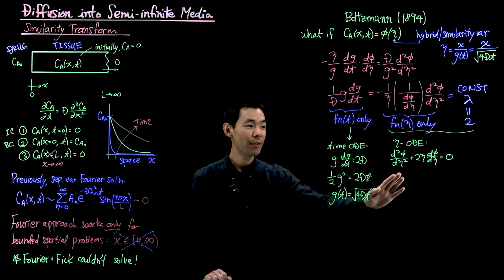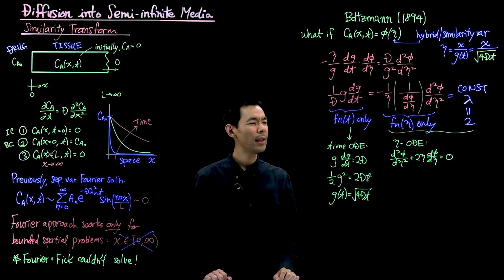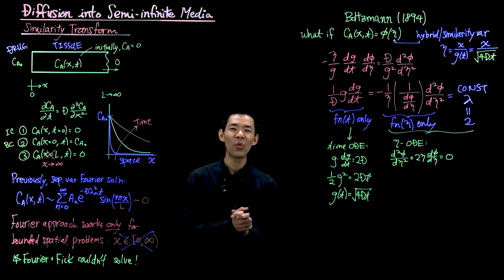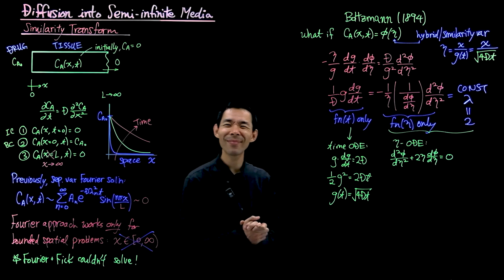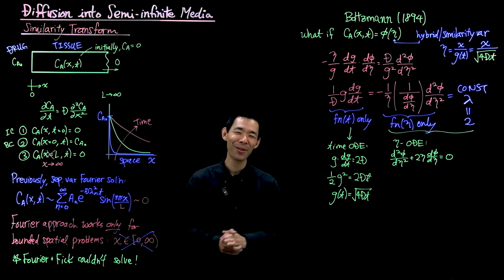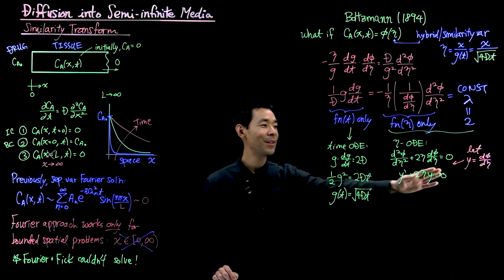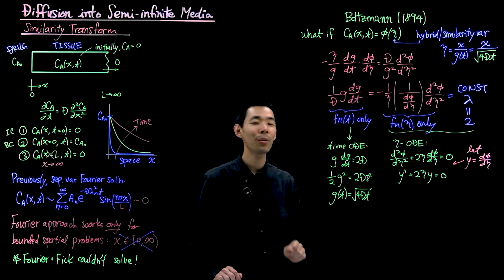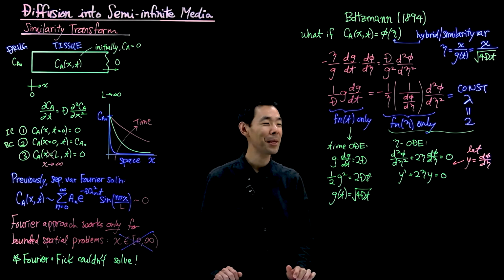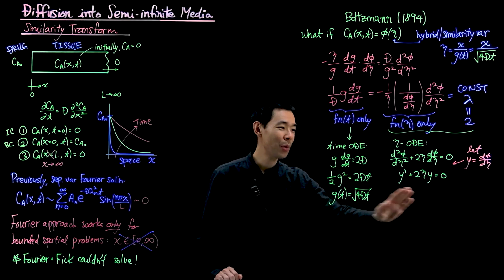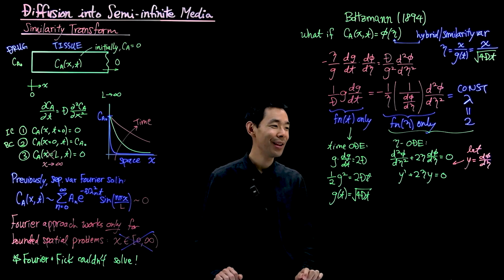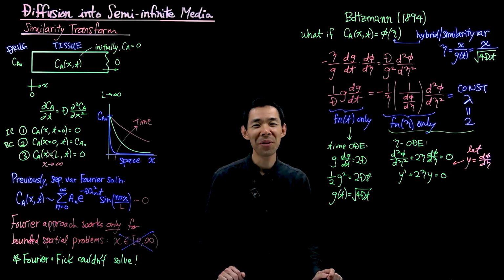We have to solve this ODE. It's got non-constant coefficients. It's a little bit annoying. I don't want to use the power series. Let's make a clever substitution. So now with this substitution of letting y equal to the first derivative of phi with respect to eta, we get this equation, which is a first order linear ODE.